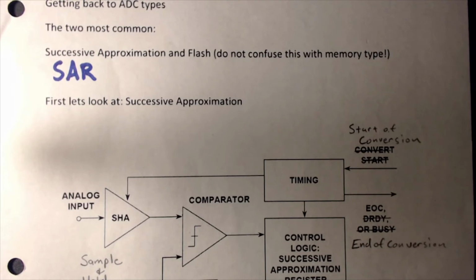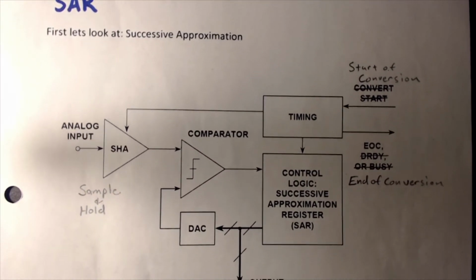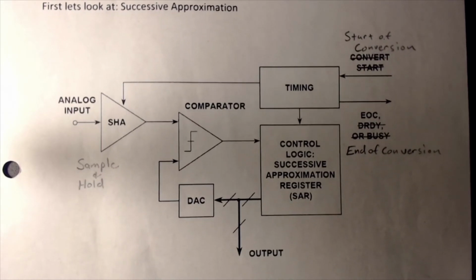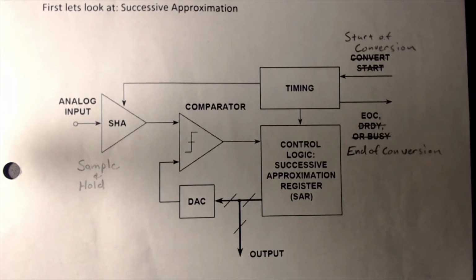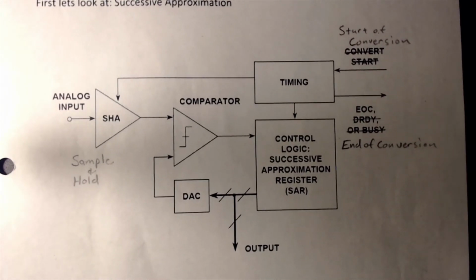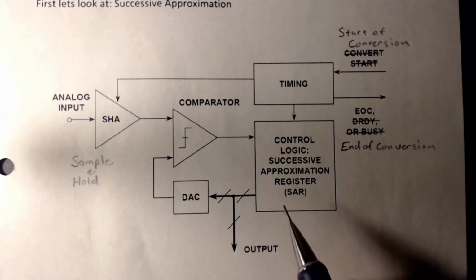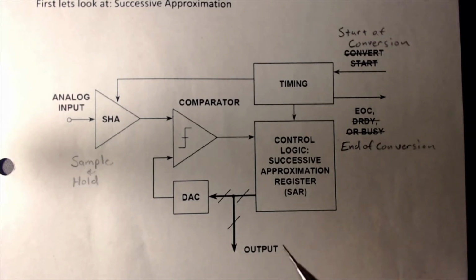Now here's the topology, or internal workings, of an analog digital converter, specifically the successive approximation type. We need to point out what these blocks are. These blocks in and of themselves are not components per se, though they could be.